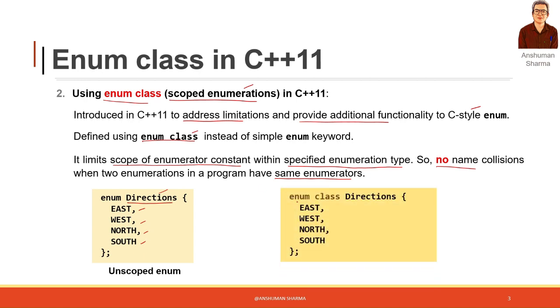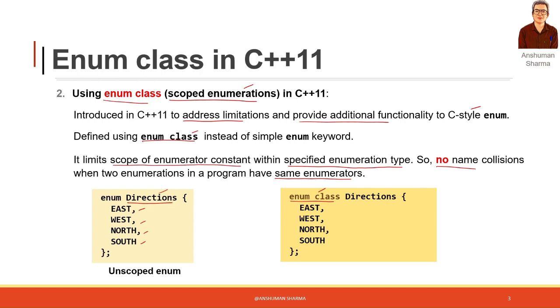Now, in C++11 or later versions, when enum class is used, we write enum class. The advantage is that it avoids naming collisions. So in the previous example, mango can exist if defined using an enum class in both the fruits and ice cream enumerations.